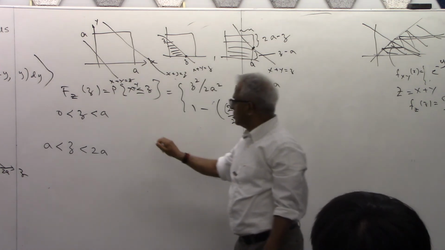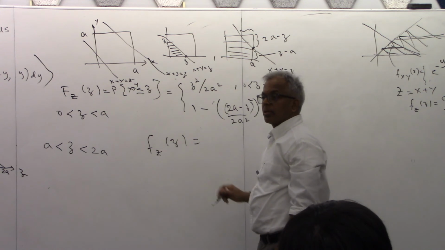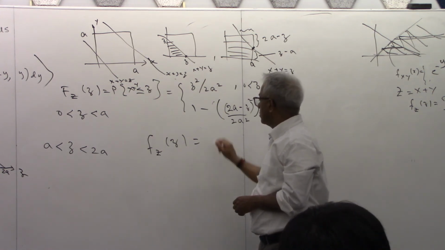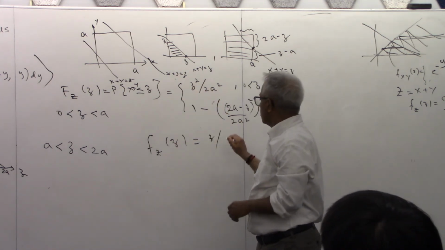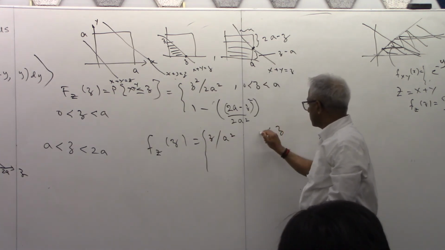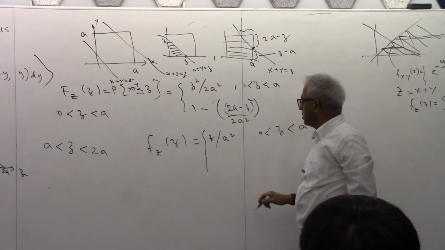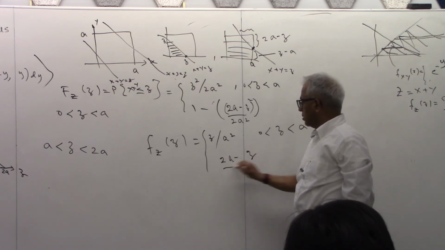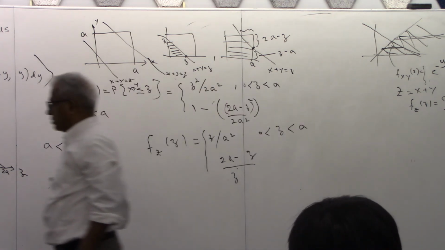So let's do the density function, derivative of this. Derivative of this is what? Derivative is with respect to z. Z over a squared. And here, derivative of this with respect to z, and you'll get the triangle there.